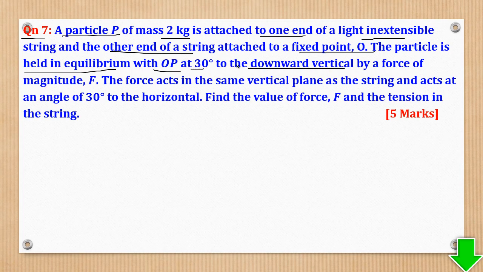Know that word, downward vertical. By a force of magnitude F, the force acts in the same vertical plane as the string and acts at an angle of 30 degrees to the horizontal. Find the value of F and the tension in the string.